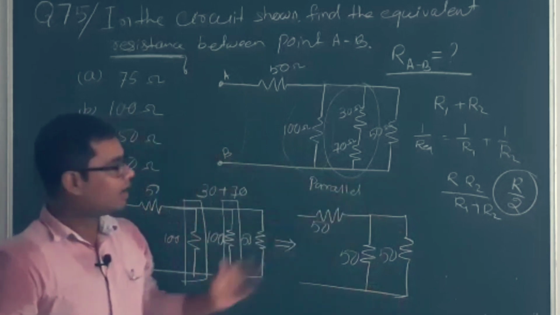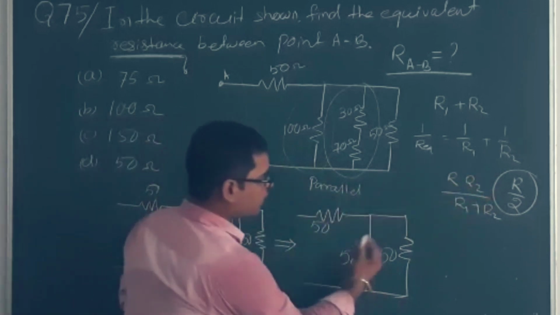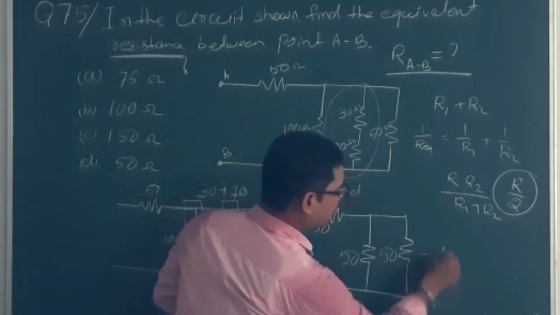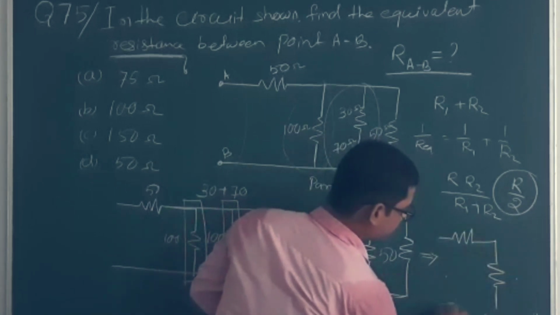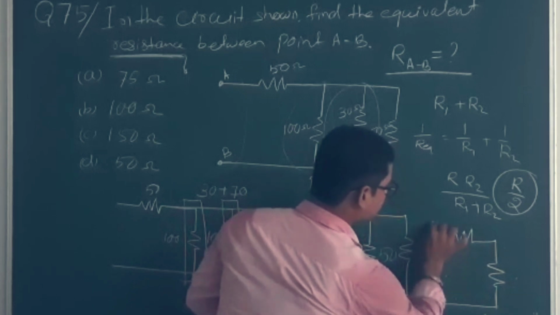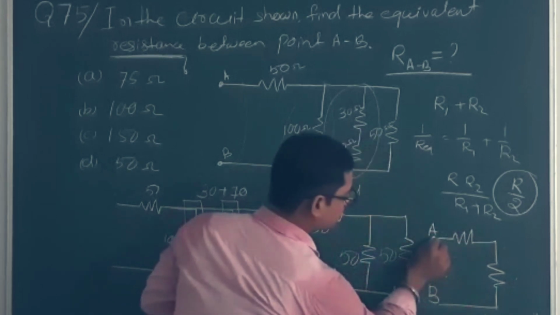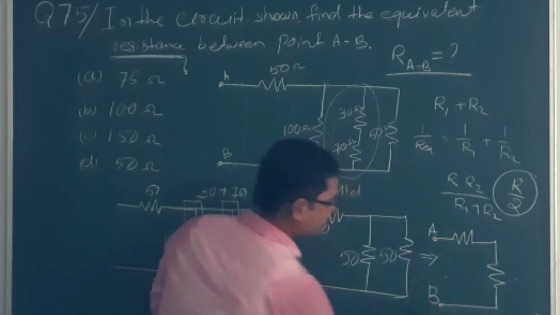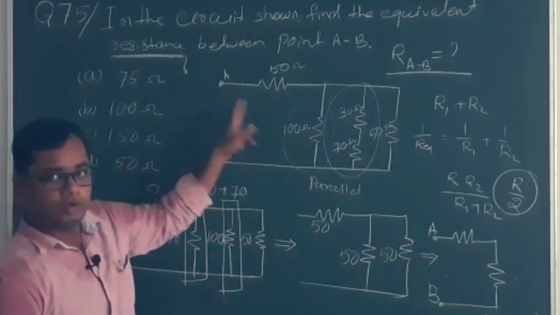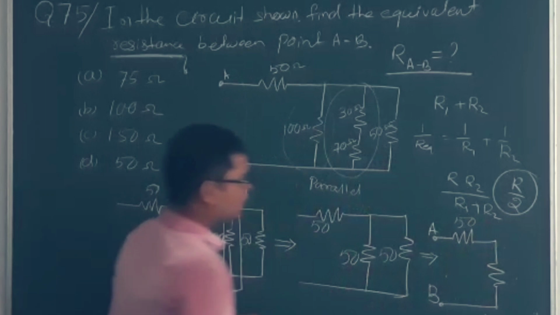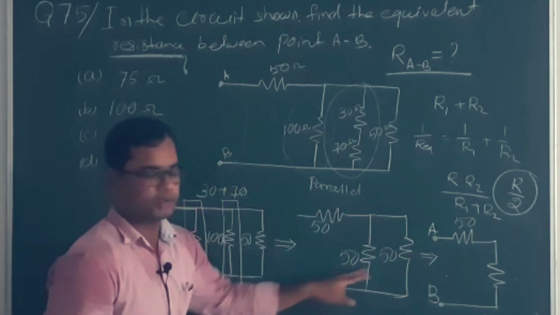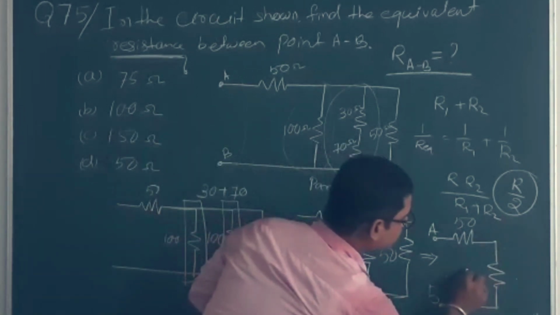Again you apply this rule, and the circuit will be like that, with a 50 ohm resistance and a single resistance. Now this point is A and this point is B. 50 and 50, R by 2, will be your 25.